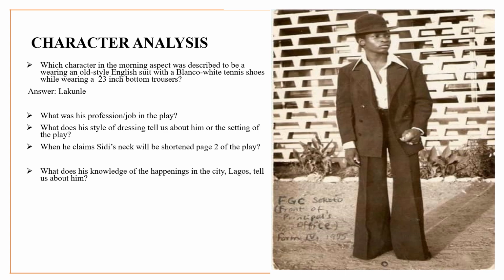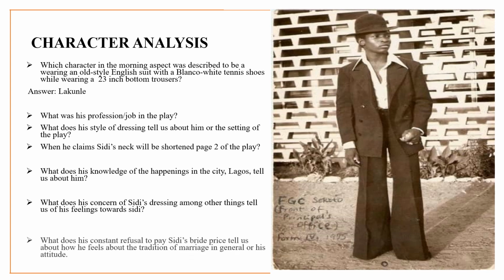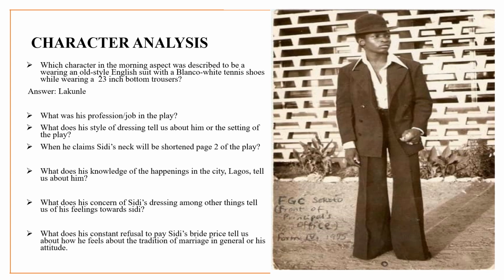What does his concern for Sidi's dressing, among other things, tell us of his feelings towards Sidi? He loved Sidi, and he never made that a secret, obviously. What does his constant refusal to pay Sidi's bride price tell us about how he feels about the tradition of marriage in general, or his attitude towards the practices of the people of Ilujinle?